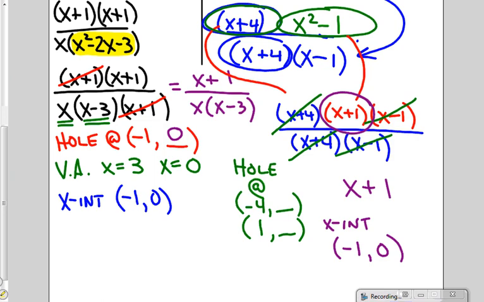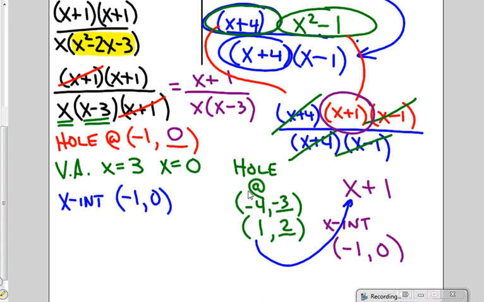And we thought that there were going to be holes in the graph. Am I right? We thought the holes in the graph would be at negative 4, comma, not sure yet. I think it's negative 3, though. Right? Because when you put negative 4 into the purple function that remains, what's negative 4 plus 1? Negative 3. And the other hole will be at 1, comma, 1 plus 1 is 2. So I ask you this.